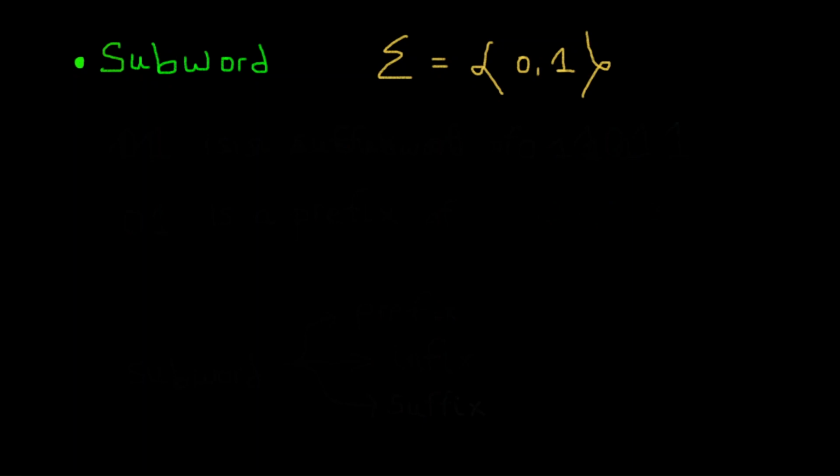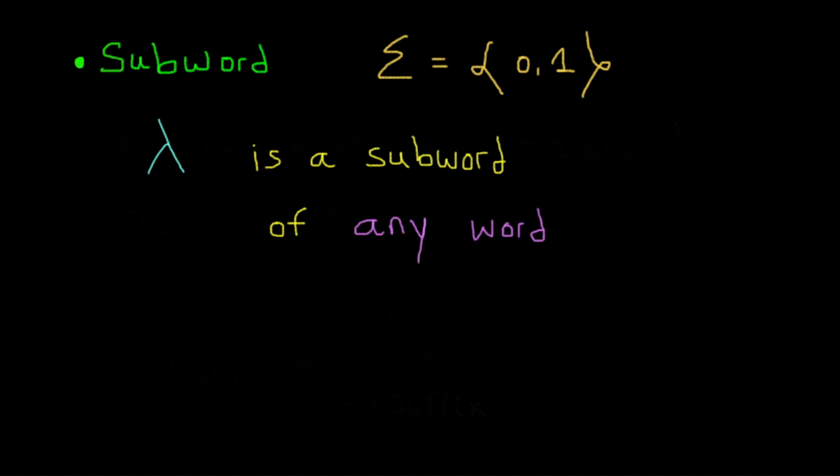Now, another important aspect of subwords in language theory is that the empty word lambda is a subword of any word by definition. So the empty word is always a subword of any word, since any word W that we can think of will always contain the empty word lambda.